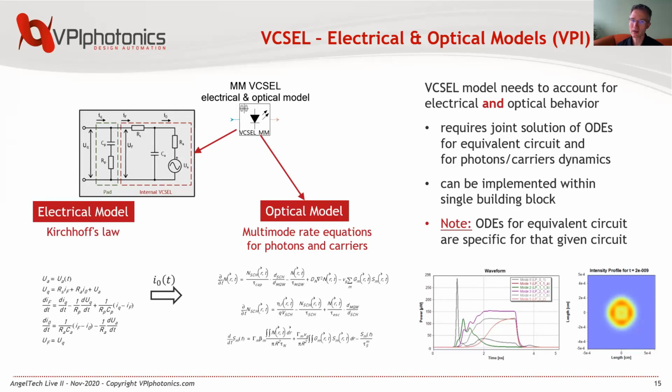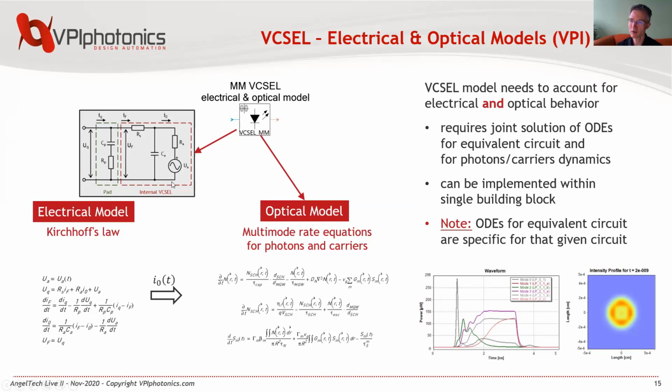And we can implement this all into a single building block by first describing this equivalent circuit by its proper equations, and then getting from this the driving current, which then relates directly to the photon and carrier dynamics.